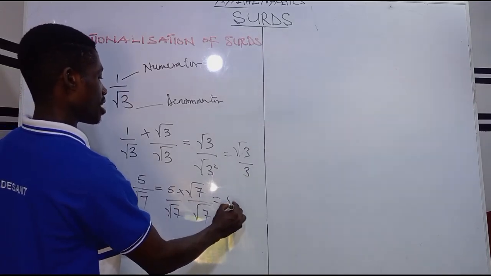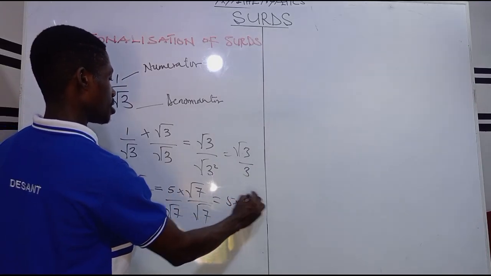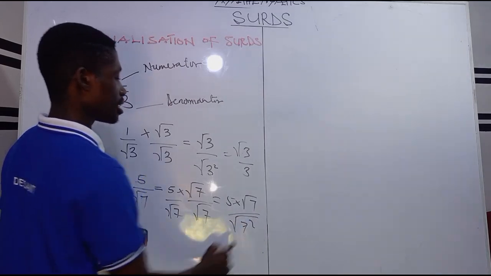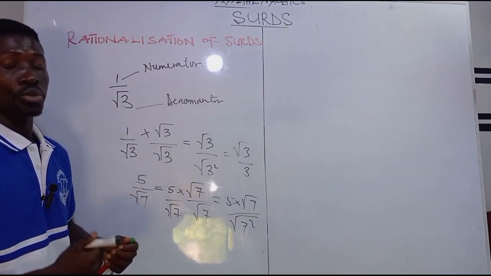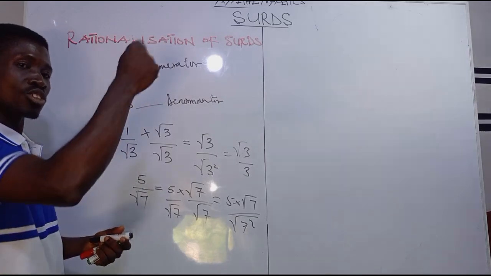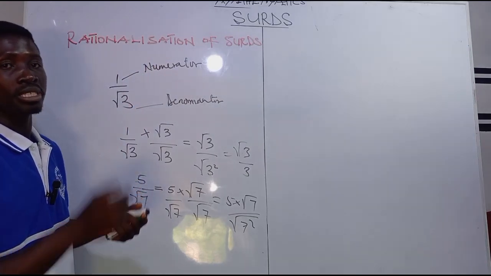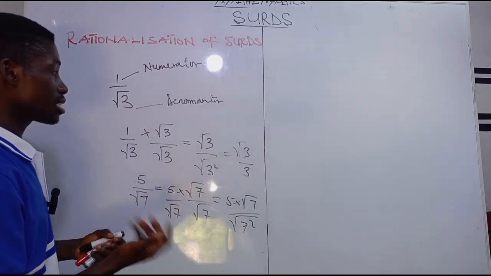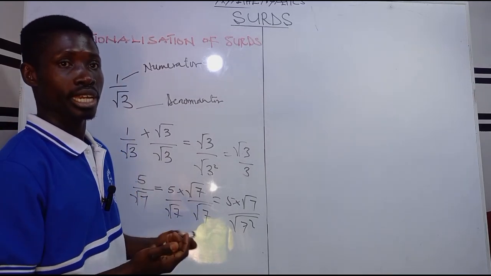And then you simplify 5 times root of 7. Then we have root of 7 squared. And then you simplify. That is how we do it. We multiply both the numerator and the denominator by the denominator of the fraction. Very, very easy and simple. So let's take some few examples and then see how it goes.